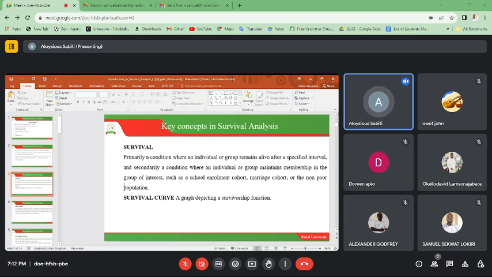So here we're looking at someone's survival within a particular group. We expect, for example, that in Uganda the life expectancy is 63 for men and 65 for women, and therefore anyone who lives in that particular age group is in survival.